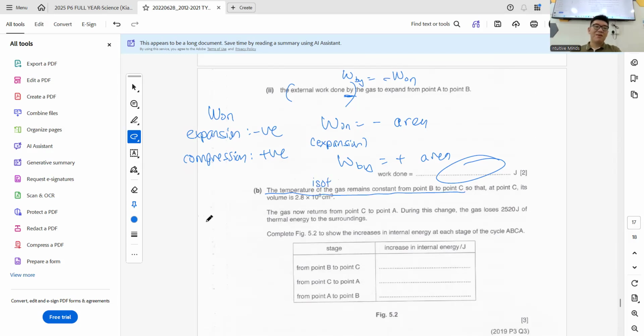Baric comes from bar. Bar is pressure, a unit of pressure. Pascal is an SI unit, but pressure has different units. Okay, so temperature constant is what? Isothermal. Then it's isothermal.